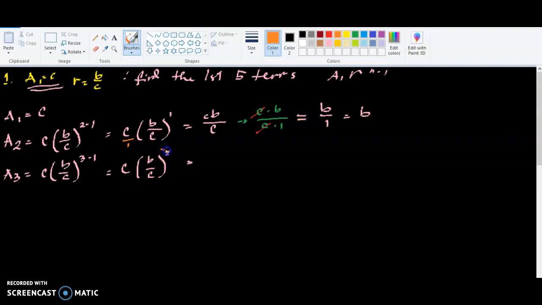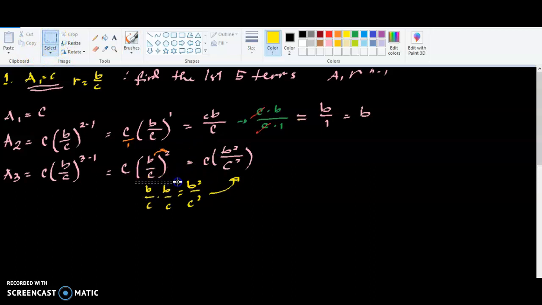Or just distribute the exponent both for the numerator and denominator. So we now have C times B square over C square. Okay, kung ita-dissect natin to, it will look like this. So B over C times B over C, right? And pag pinultiply natin yan, you have B square over C square. So pareho lang naman nandito.